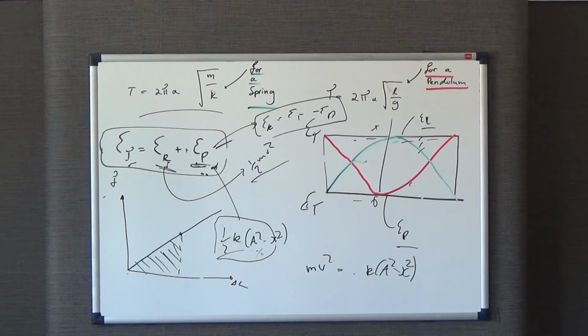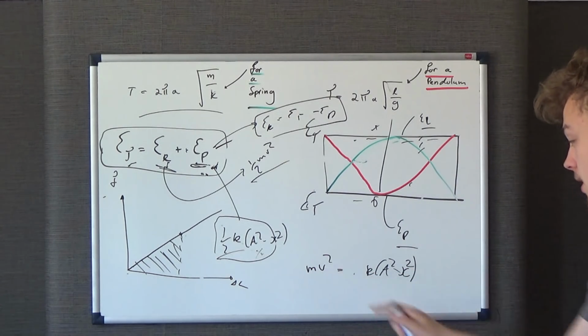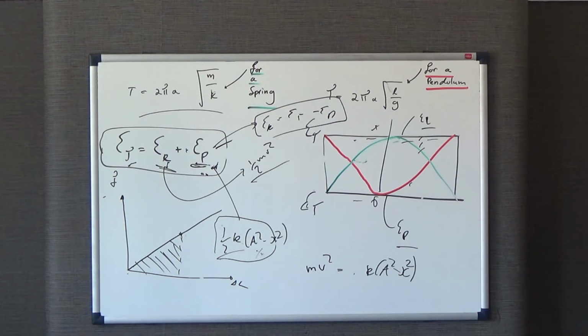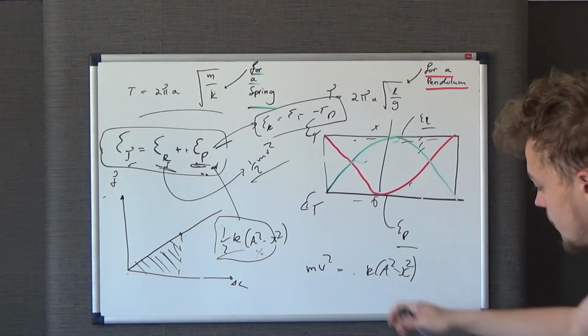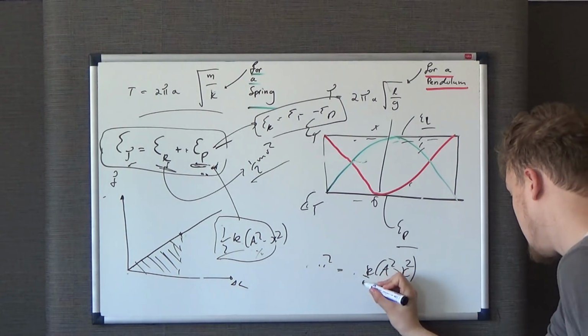So what you would do there is you rearrange this to get v. So, would you? Sorry. K over m. Yeah, so you rearrange that to get v, so you get k over m.